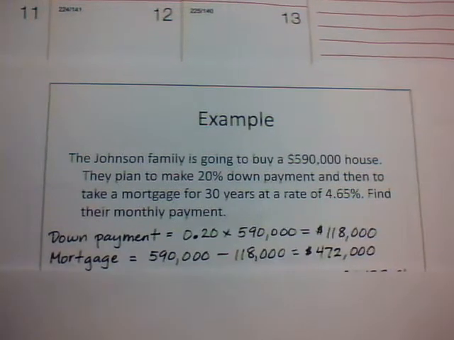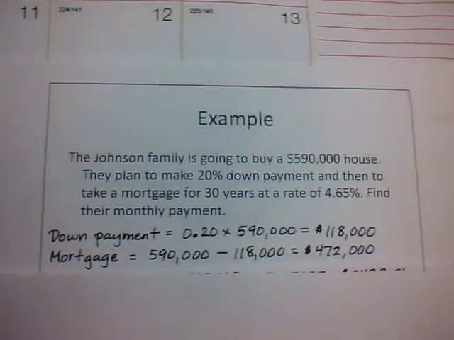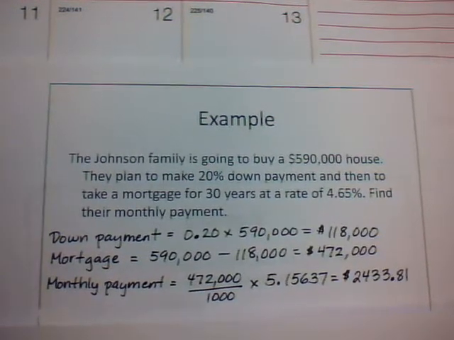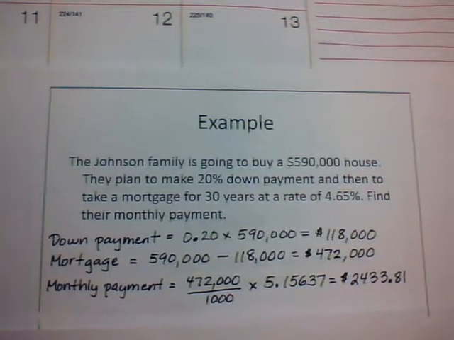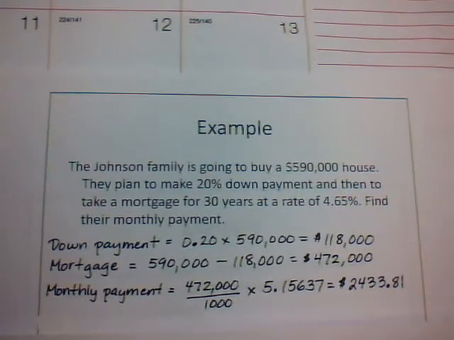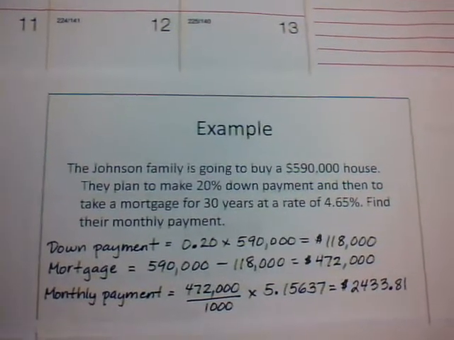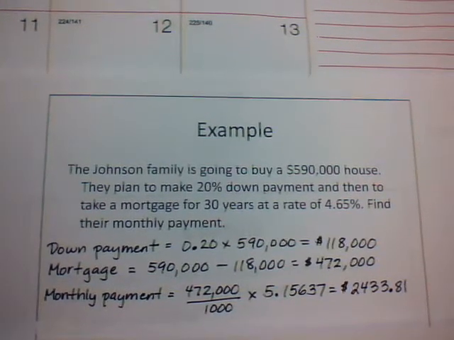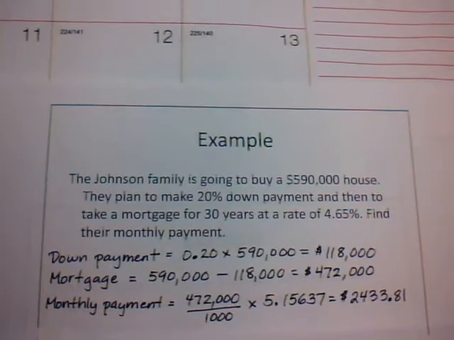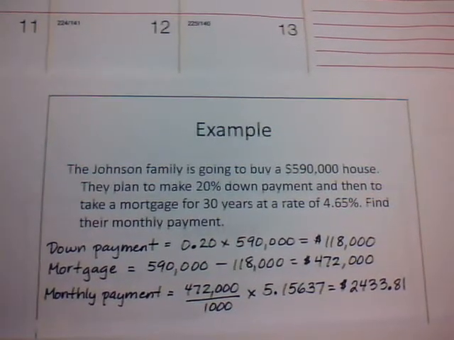And with that $472,000, that's where we'll calculate the monthly payment, which is going to be that $472,000 divided by $1,000, which is, of course, 472. Then you go to your amortization table and find 30 years for 4.65%, which will be 5.15637.